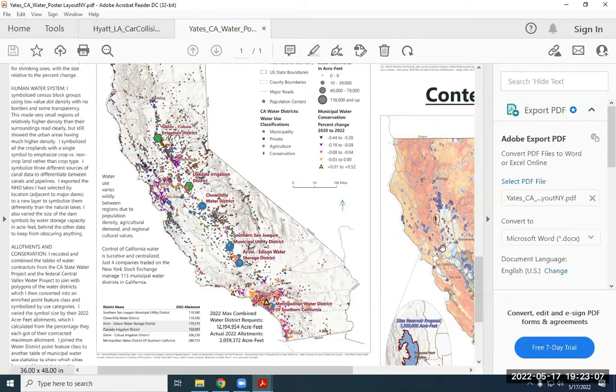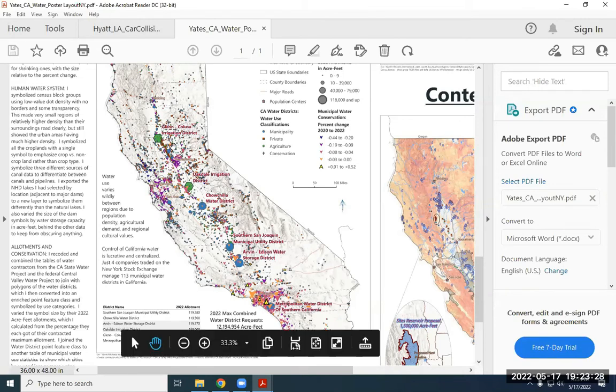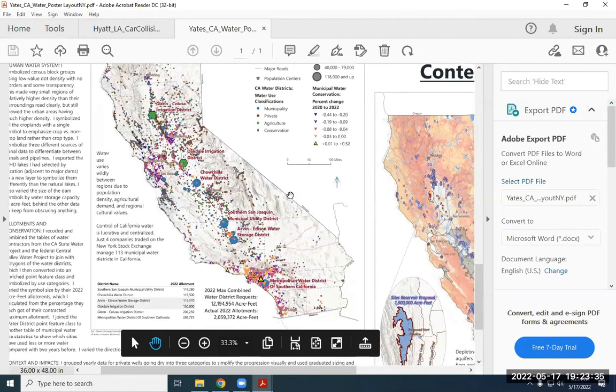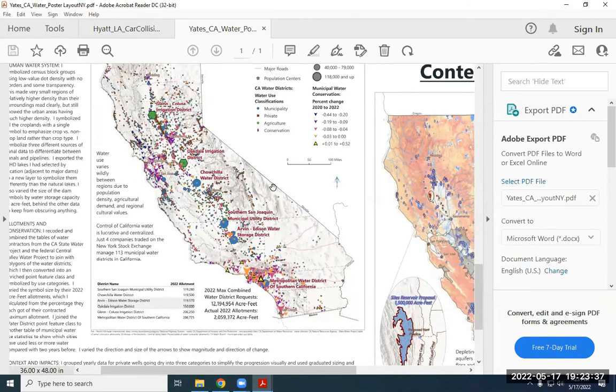This shows you in February, this is what the allotments were. I've since updated this map because the allotments have changed. And now what you see on the screen, there's these 2 big green, which are agricultural irrigation districts, and then the blue are cities. None of these are as big anymore as they are in this map because they've all been reduced. So the size of the icon shows how much water they use relative to one another.